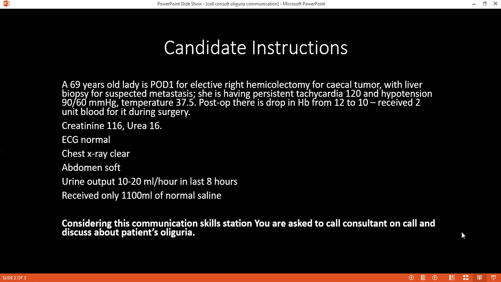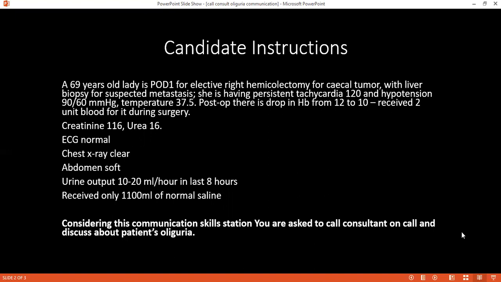Okay. This is a case of a 69-year-old lady who had a right hemicolectomy 1 day ago on account of a sickle tumor. Following that, we noticed that her urinary output reduced.